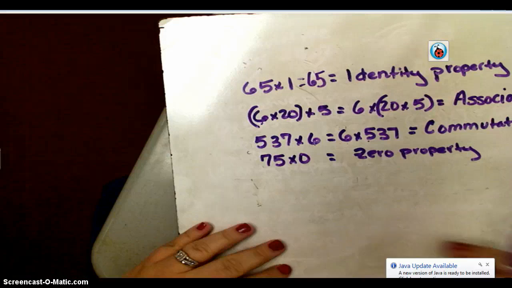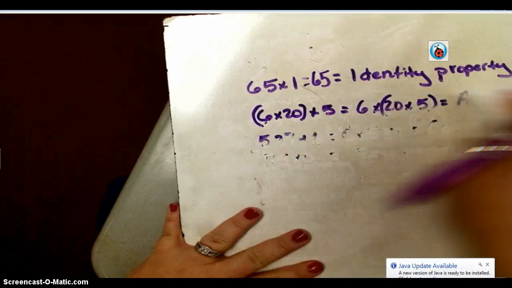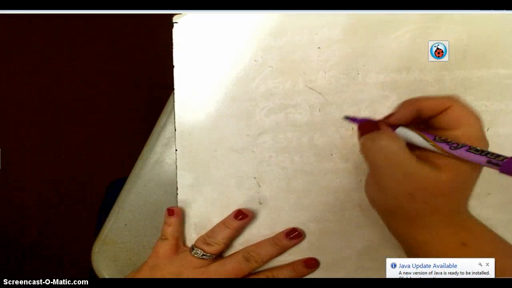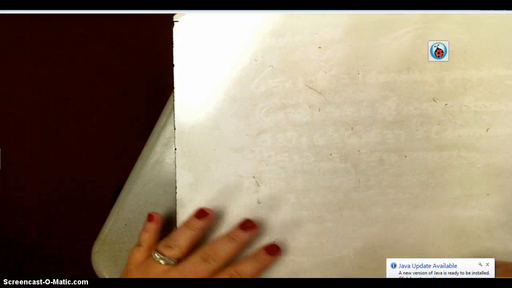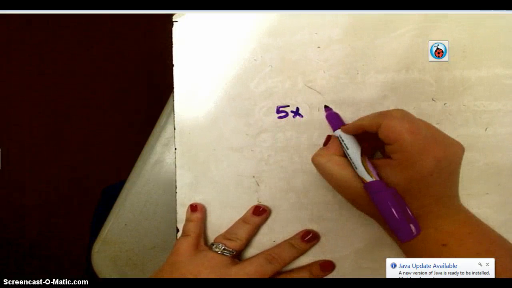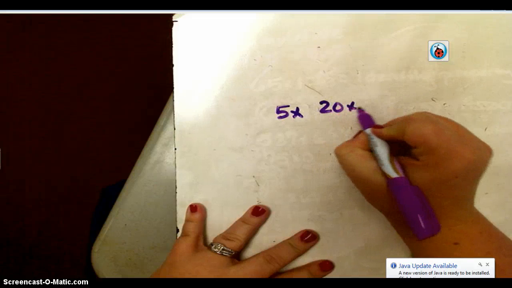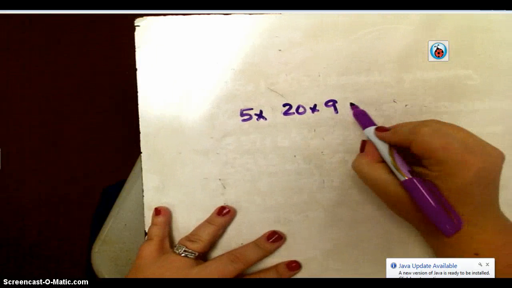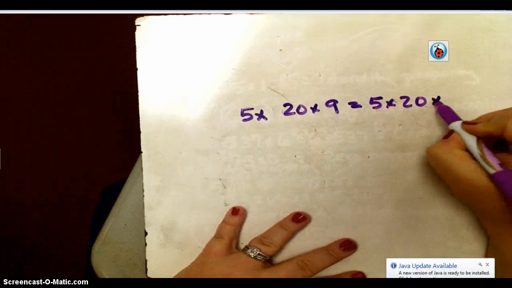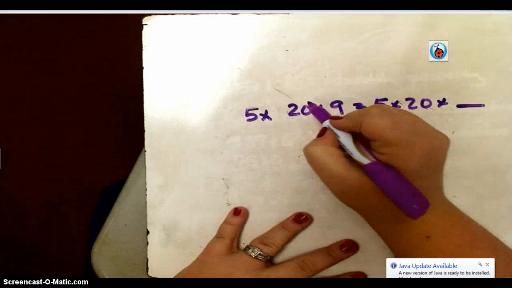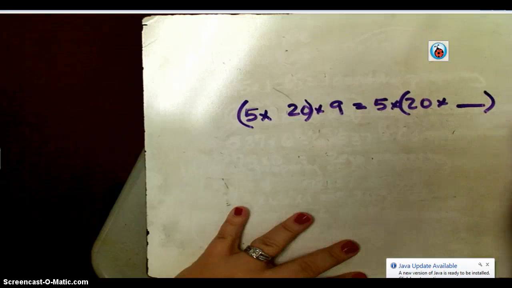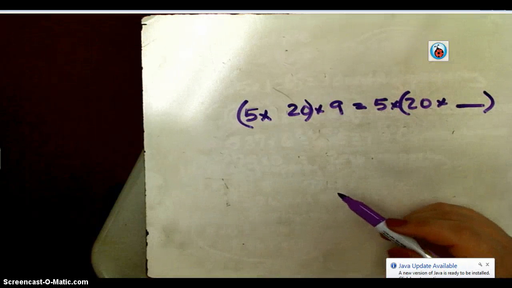Okay, let's do a couple more examples. This time, I'm going to leave a part out, and you're going to try to fill in the parentheses. So if I would give you 5 times 20 times 9, and I tell you that's equal to 5 times 20 times blank. Here, I'm putting the parentheses around 5 times 20. Here, I'm going to put it around 20 and the missing number.